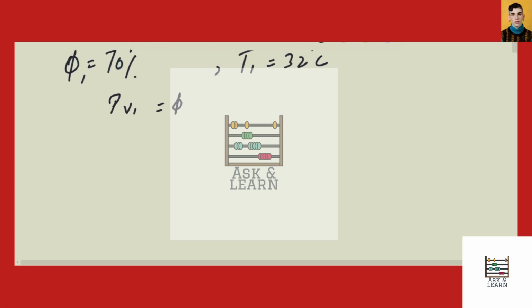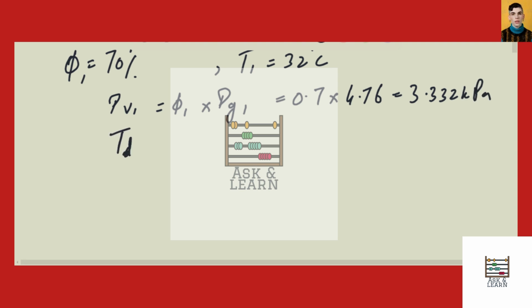PV1 is equal to phi 1 into Pg1, and that is equal to 0.7 multiplied by 4.76, which is equal to 3.332 kilopascal, and TDP is equal to 25.8 degrees centigrade.